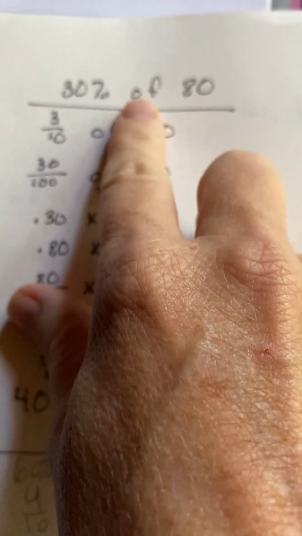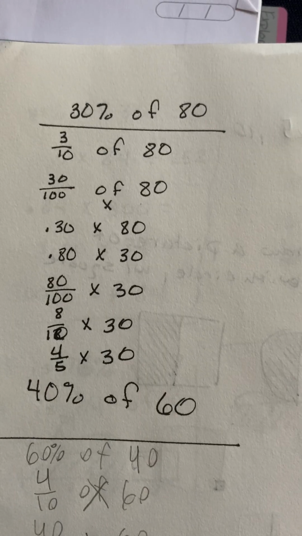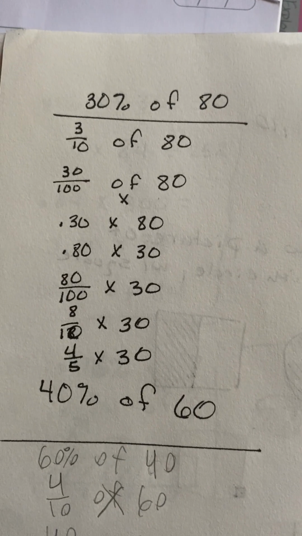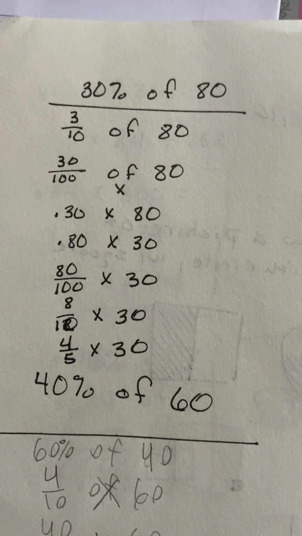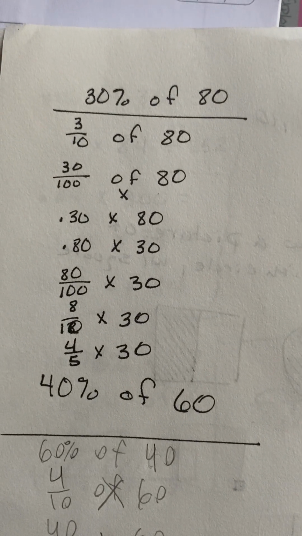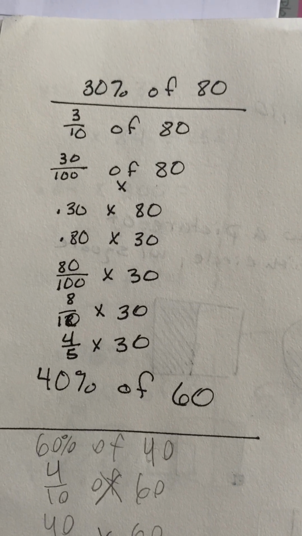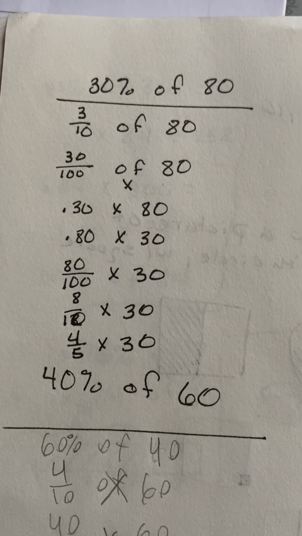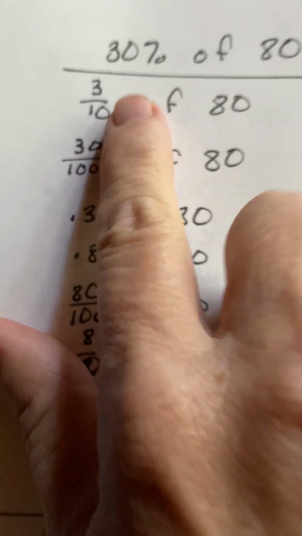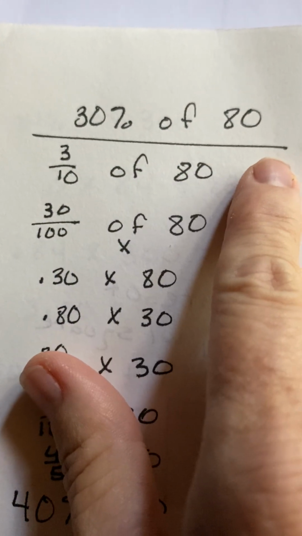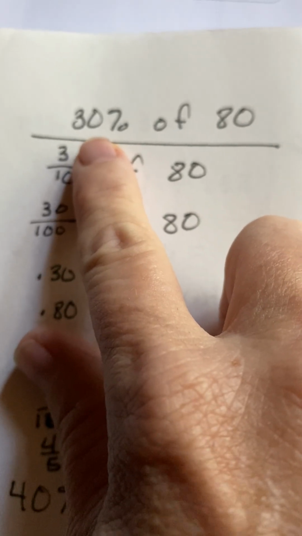Because we're using "of," which can be exchanged for the multiplication sign, given the commutative property of multiplication, we can exchange these things, meaning that 30% of 80 is also 80% of 30.